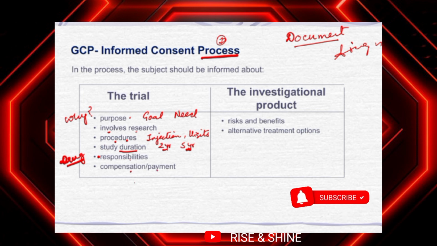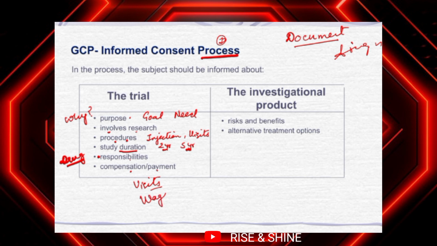Compensation and the payment, because patients are visiting the clinic, they make visits to the clinic, and mostly this can vary from one country to another country. Compensation is per their wages, equal to the wage loss of that particular country.